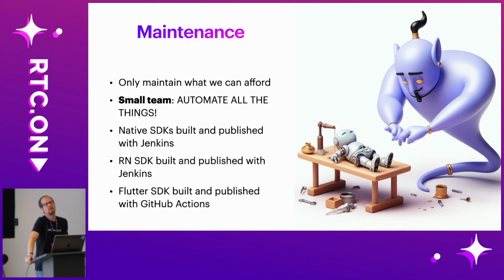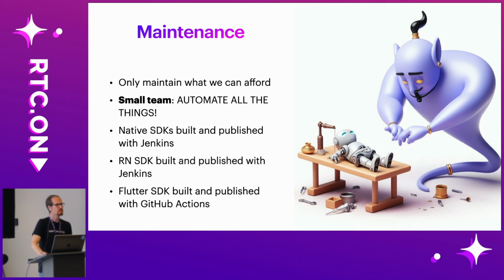So because we're a small team, we try to automate as much as we can of all this SDK releasing process, because we don't want to be busy making fat releases. We just want to push a button and things will happen. So between Jenkins and GitHub Actions, we have automated releasing all of these things. And so far, it has gone pretty well. We don't feel like adding more platforms is a burden, but we're mindful about this.